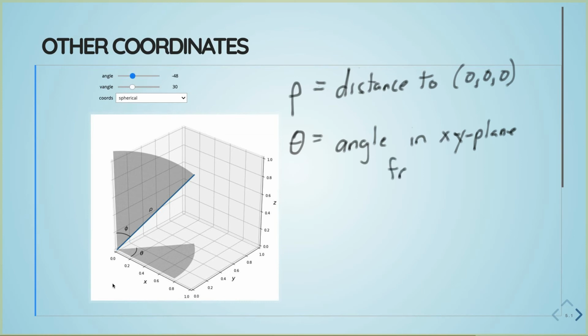Also, we can write from the positive x-axis. And now phi. I've heard there's a difference between modern and ancient Greek, and I'm not even sure what is best. I'm going to say phi here. Phi is the angle off the z, or positive z-axis.